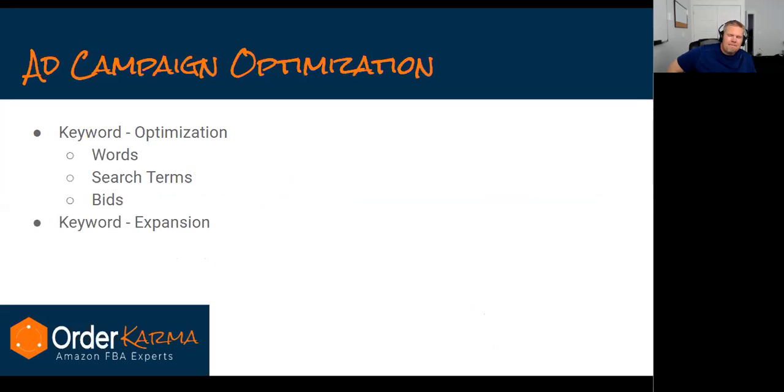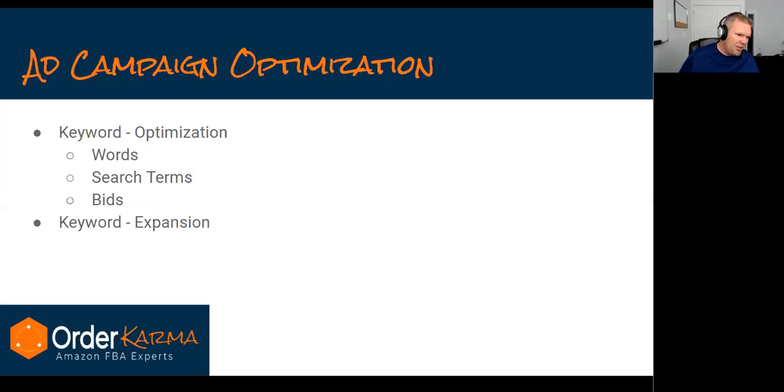So in order to optimize this, we do several things with the ad campaigns. We go through the keywords and we optimize those. And we do that by taking out words that are irrelevant and trimming search terms that aren't converting very well to sales, and then adjusting the bids up and down to get that ACoS dialed in.